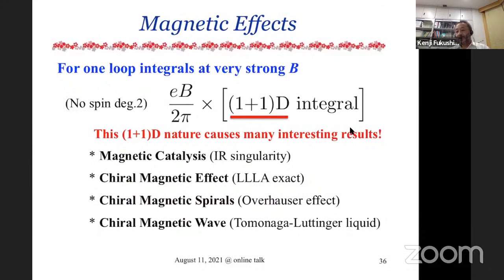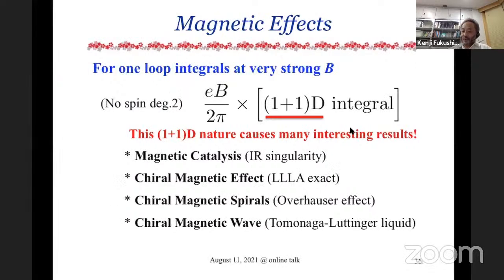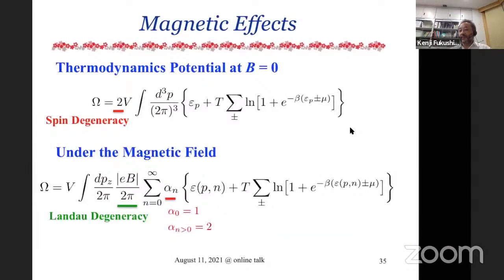Okay, if the magnetic field is very strong, effectively the system is reduced into 1+1 dimensions. This is because the phase space integration is replaced, and only the phase space integration along the magnetic direction remains intact, while the transverse direction is replaced by the magnetic motion. And if the magnetic field is very strong, only the zero mode remains.